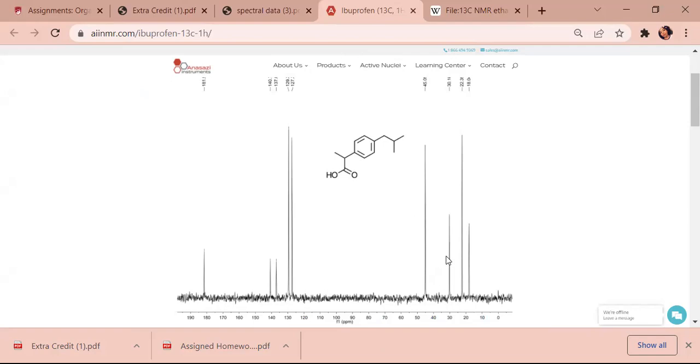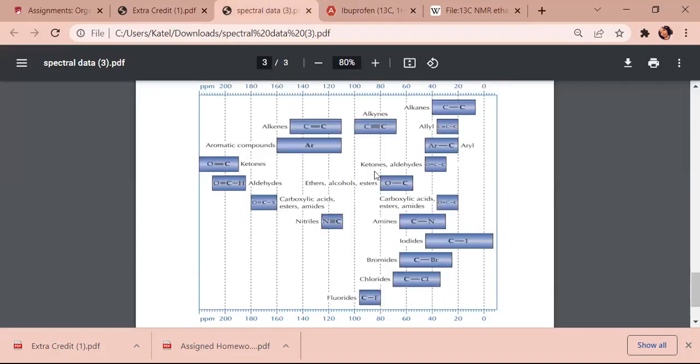We have one at the 30 mark. So we don't have a carbon iodide. I'm listing all the ones that it could be, but we know that it's not any of these guys, only because we don't have those atoms in the structure. So we have the carboxylic acid and the amine.